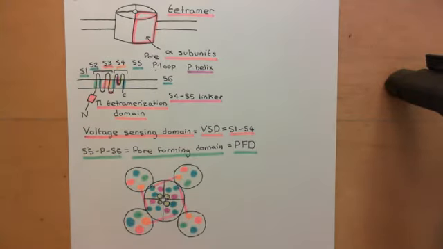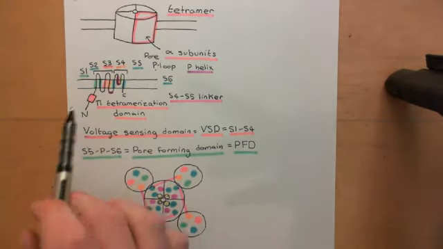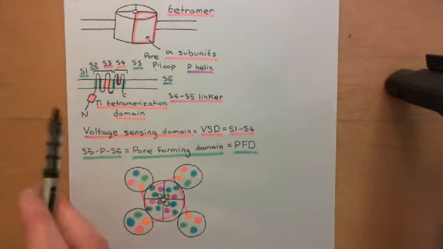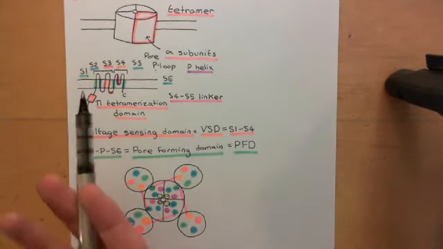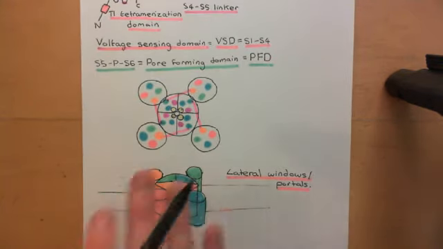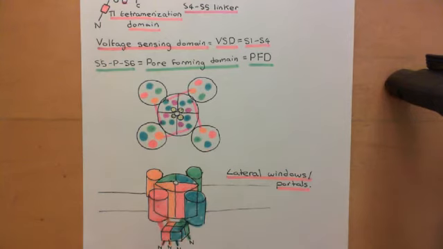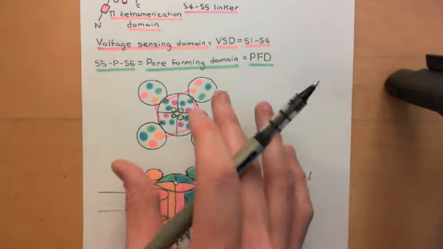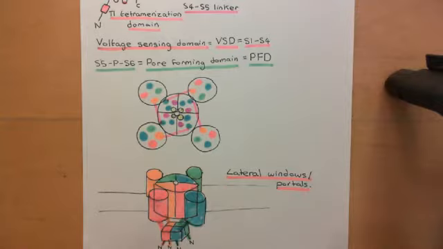We've looked at the basic domains that they all have, the T1 tetramerization domain and all of these membrane spanning domains. And we've then seen how those different membrane spanning domains are arranged in the voltage-gated potassium channel tetramer.